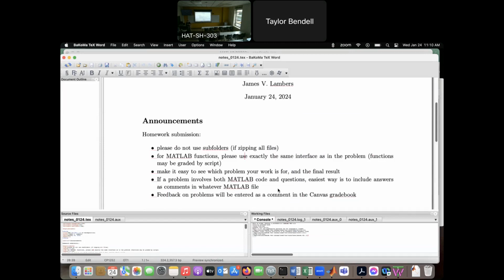Canvas will let you upload multiple files, so you can do it that way, and then I can just click on each one and look at it. Or you can have all your files on your computer, zip them up, and then upload one zip file.